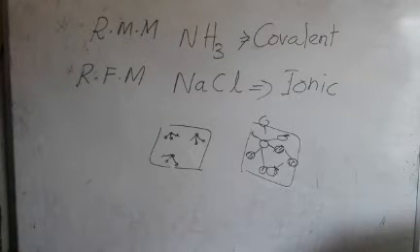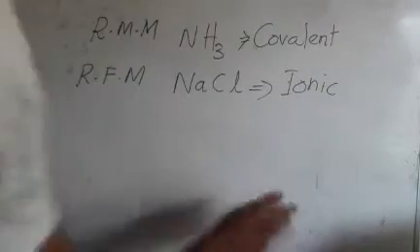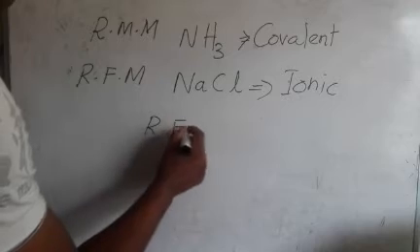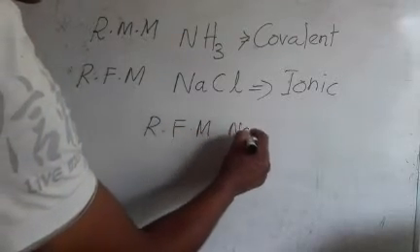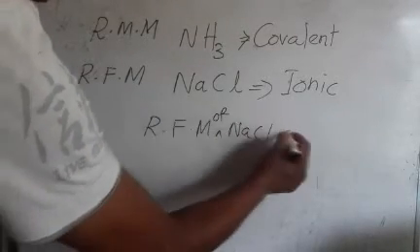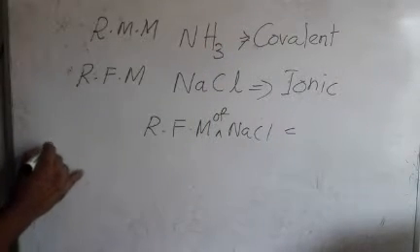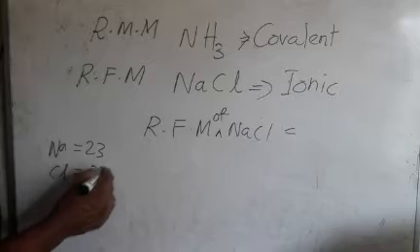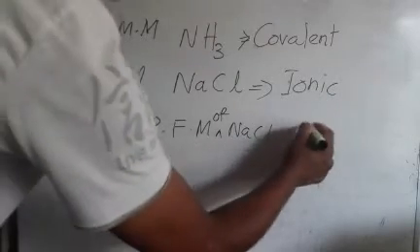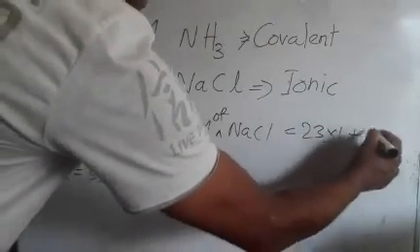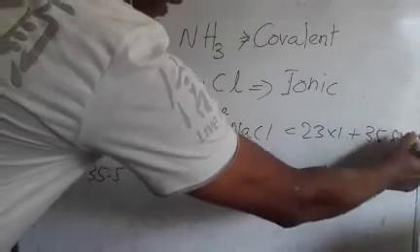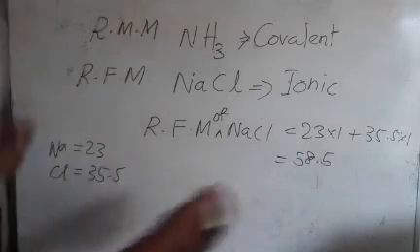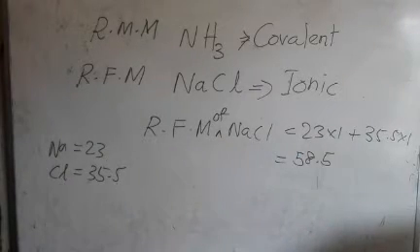If sodium chloride is taken, the relative formula mass of sodium chloride: sodium's relative atomic mass is 23, chlorine 35.5. So 23 into 1 and 35.5 into 1, you get the value as 58.5 as the relative formula mass.